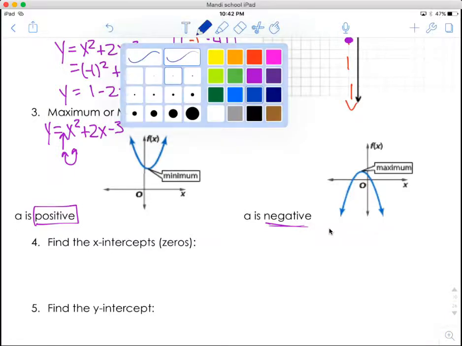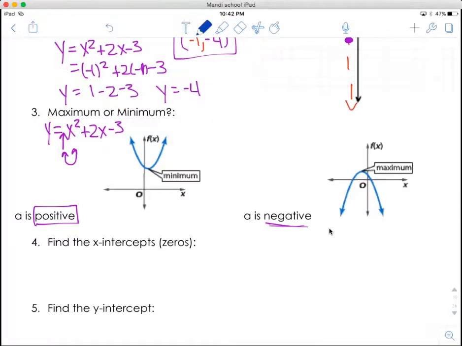We want to factor. So y equals x squared plus 2x minus 3. But instead of y, we want to have that as 0, because these are zeros. This is when y is 0, what is x? So using the trident method, we always want to try that to see if it'll work first. 1 times 3 is 3. Factors of 3 are 1 times 3.